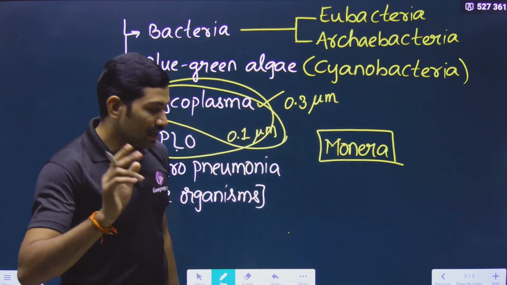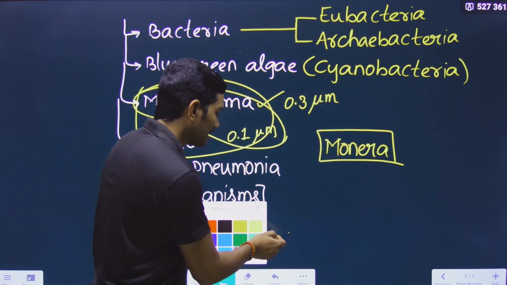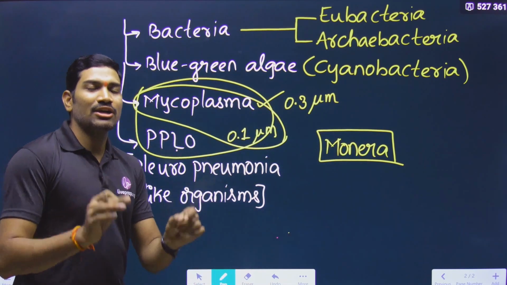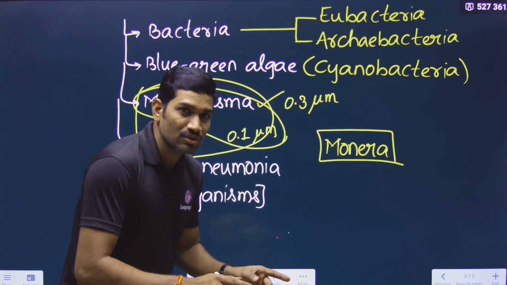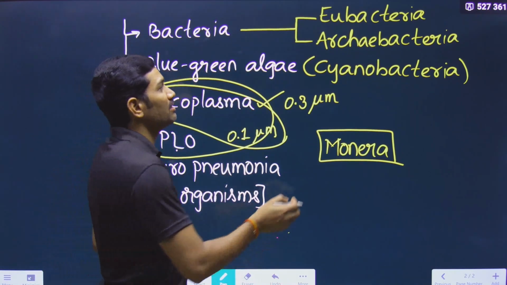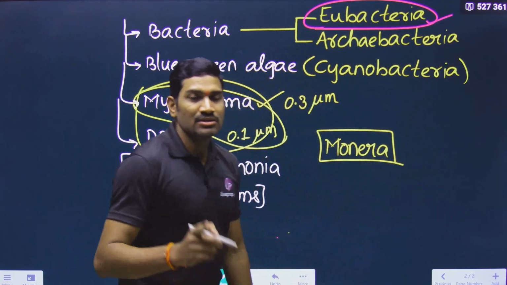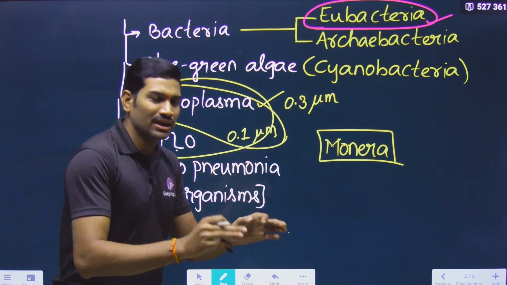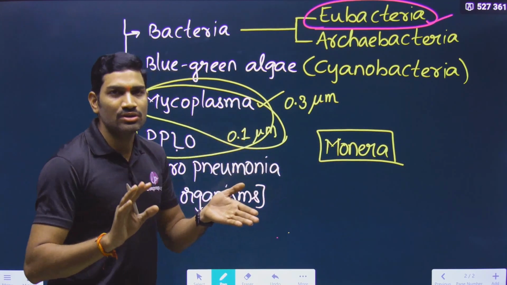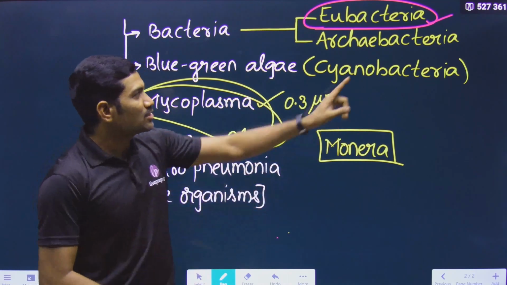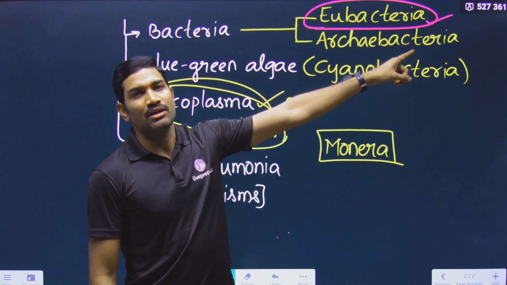And that too, I already told you and made it very clear that whenever we are talking about prokaryotes in the general sense, we are talking with respect to eubacteria. You should not forget this. This is very, very important. Whenever we are talking about general features of prokaryotes, we are always talking with respect to eubacteria. Understood or not?